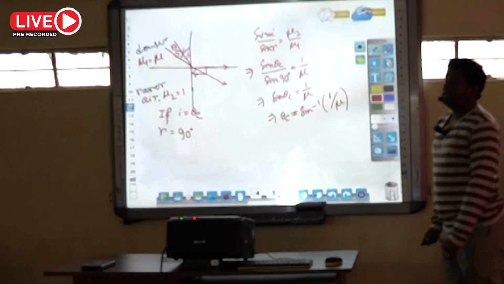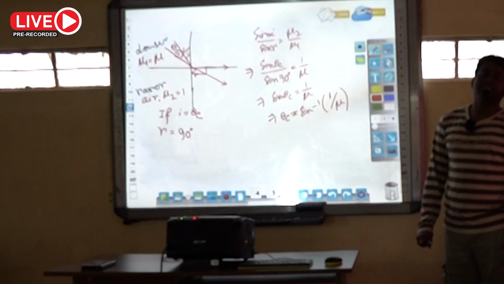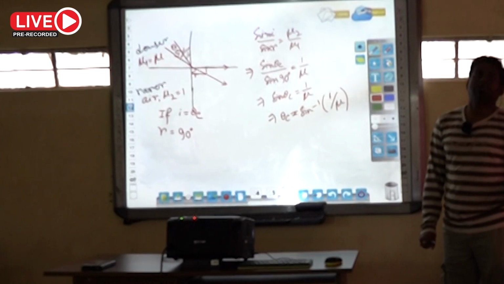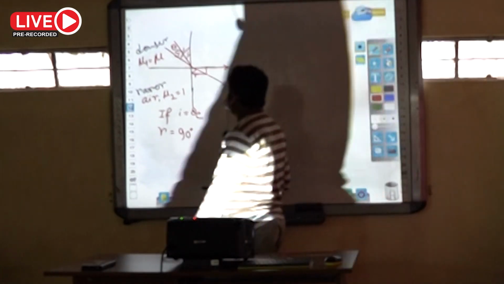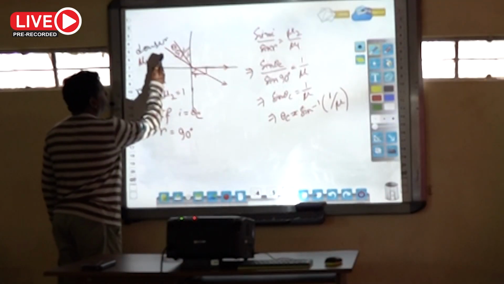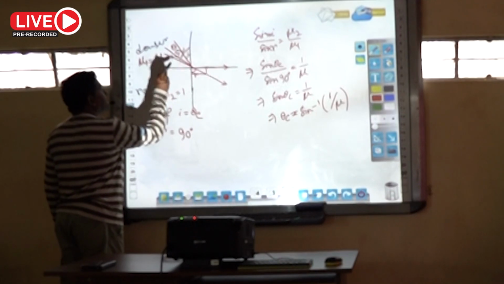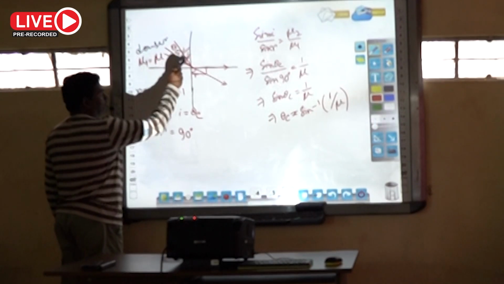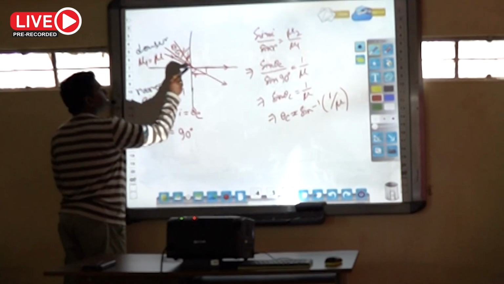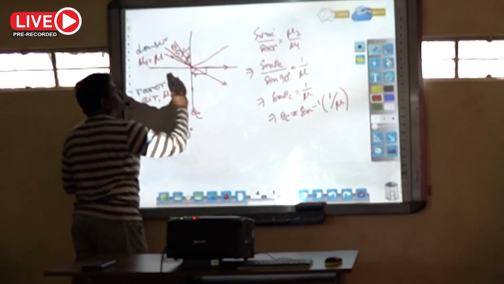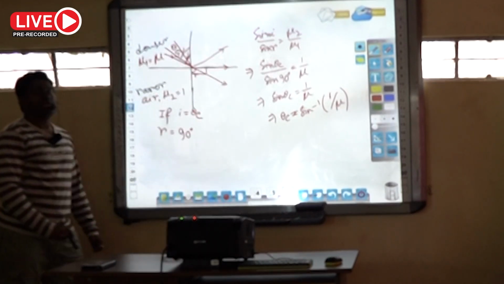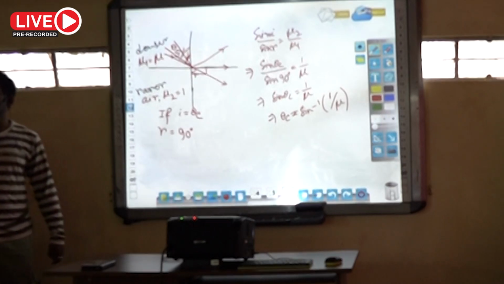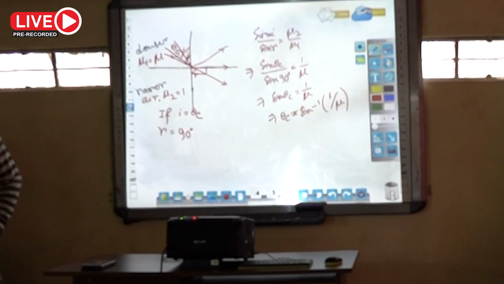Now, if the angle of incidence in the denser medium is increased further beyond the critical angle, what will happen? Suppose this one. So the angle of incidence is more than the critical angle now. In this case, you will find that the light ray will bend more, and it will enter into the denser medium again. It will not at all go to the rarer medium.